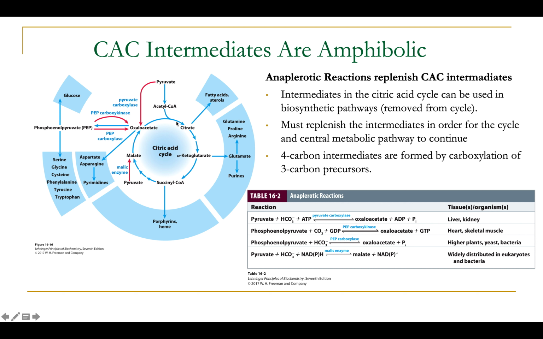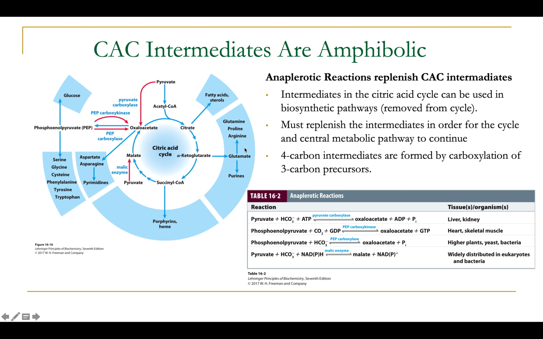Almost every single intermediate in the citric acid cycle can also be a precursor for some anabolic pathway, as was discussed in the first part of this lecture. Citrate is used to produce lipids.